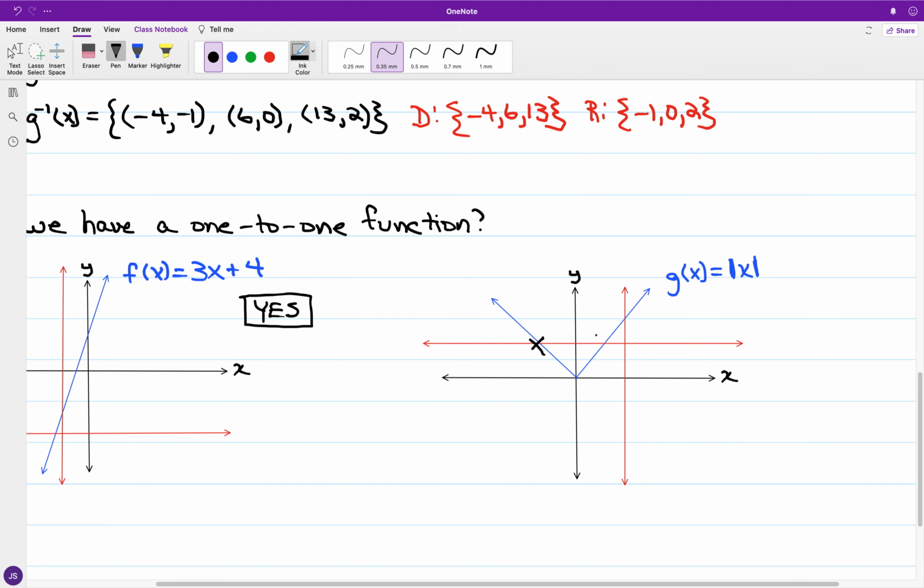If you notice here, you have same y, two distinct x values. So this is no, and the reason for this is that it fails the horizontal line test portion. It is a function, but not one-to-one.